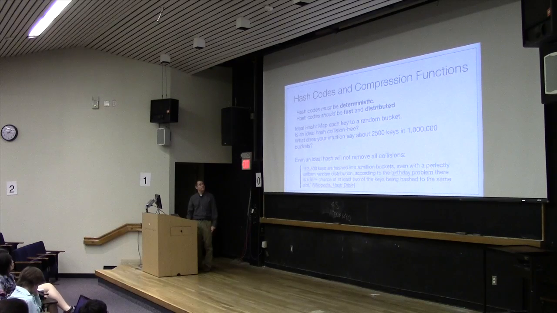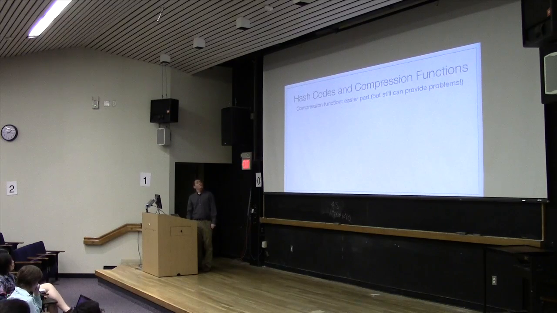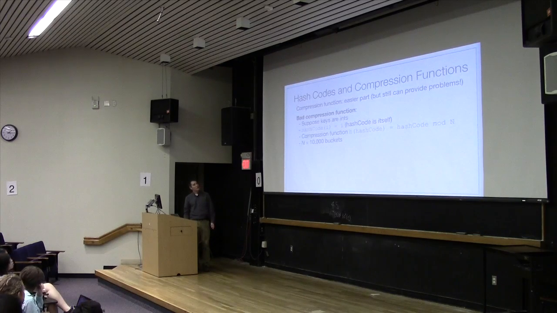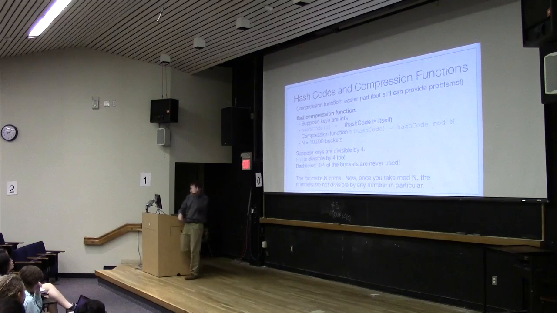Good. Okay. So the compression function, in other words, the part that does the actual modding to randomly put the numbers in there, you can get some pretty bad compression functions in here, right?